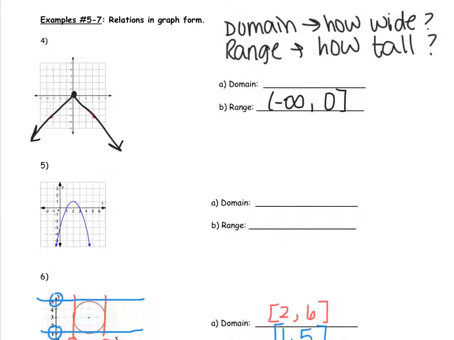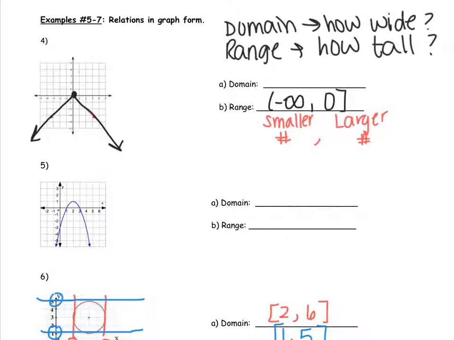Now, some of you may be thinking, why aren't we going 0 down? And the reason is when we write this, which is called an interval, we always write the smaller number first, comma, the larger number. And in this case, your larger number is 0 and your smaller number is negative infinity.